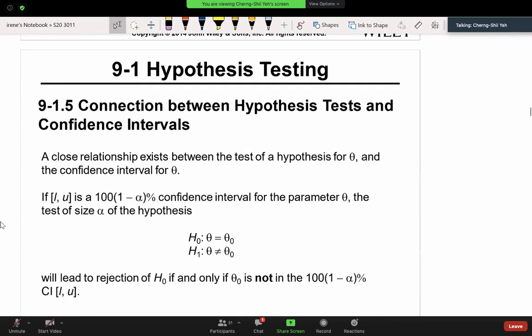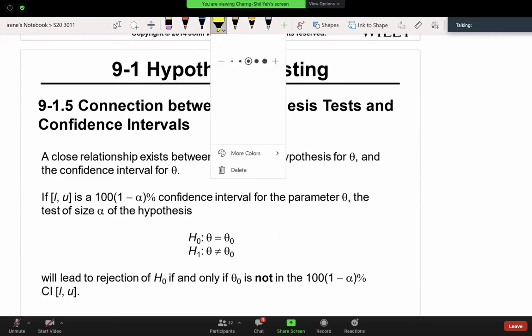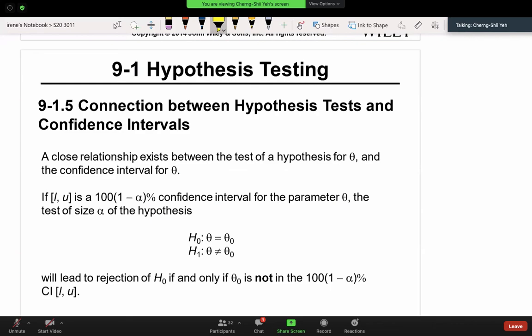We start introducing hypothesis testing by correlating that with confidence interval. As a matter of fact, I believe that's the only way to introduce hypothesis testing. If you don't relate something to the previous lecture, something you already know, it's so confusing to the students. Why are we doing this? What does fail to reject mean?